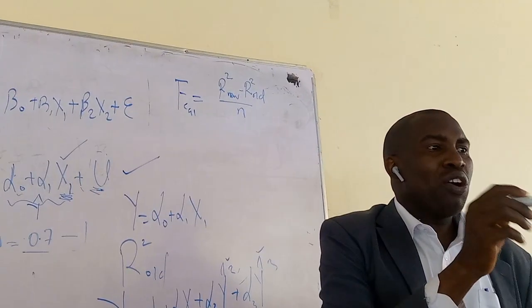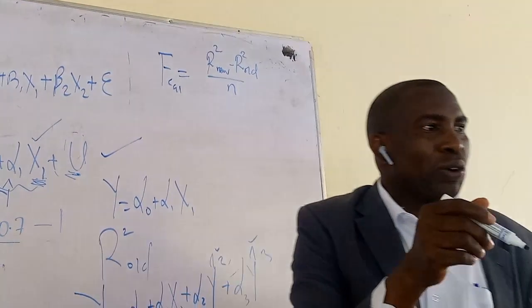N is the number of new explanatory variables you have included.